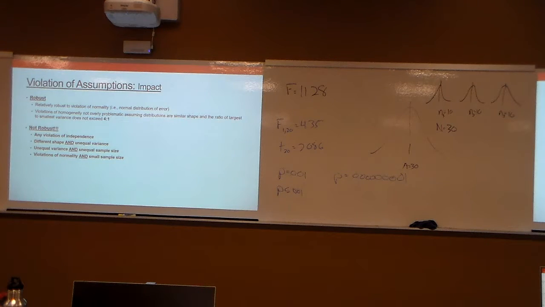If I have any violation of independence with group-based designs, when do I have violations of independence? Anybody know? Yeah, go for it. If you're looking at comorbidities, for example, like ADHD only, ASD and ADHD, but still, what we're doing is assessing.